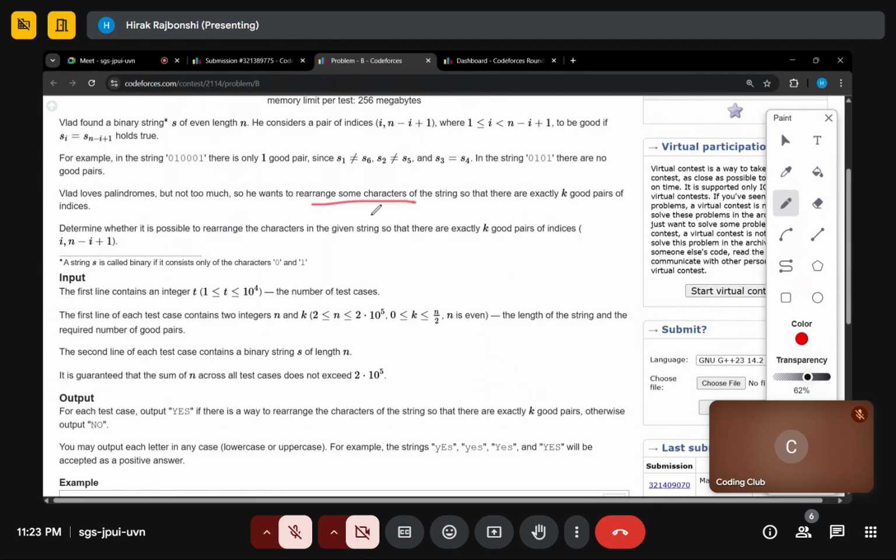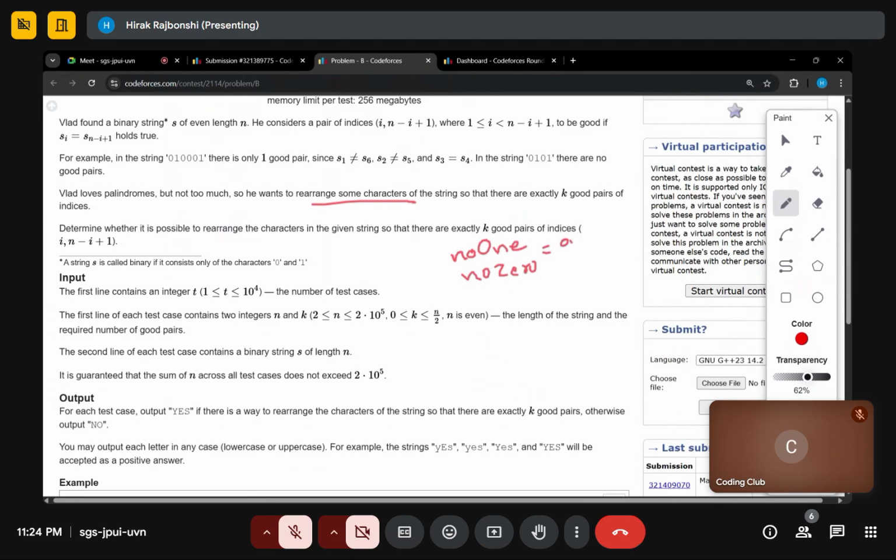There is no limit, I can rearrange characters any number of times. So I don't need to minimize the number of rearrangements. So simply, reconsider the question as: you are given some number of ones and some number of zeros.